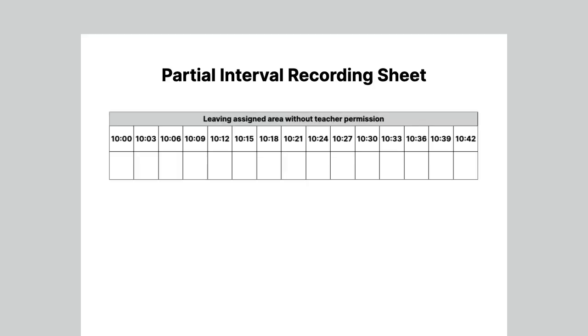A practical example will help to put this type of data collection method into a school-based context. Let's say that we're using 3-minute time intervals. Every block represents 3 minutes, and we have 15 blocks for our 45-minute data collection session. Now let's say that our student Luke was observed engaging in the target behavior of leaving his classroom without teacher permission during 5 out of our 15 intervals.